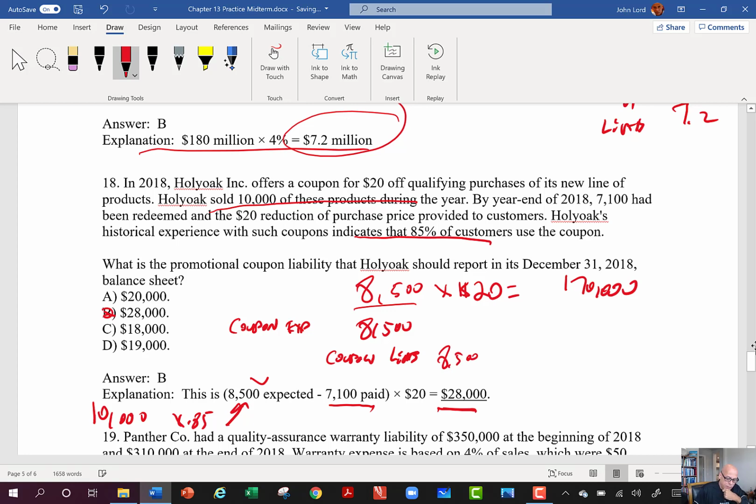Then they tell us that 7,100 of these things actually got redeemed.